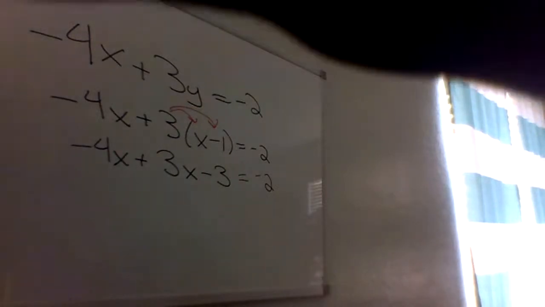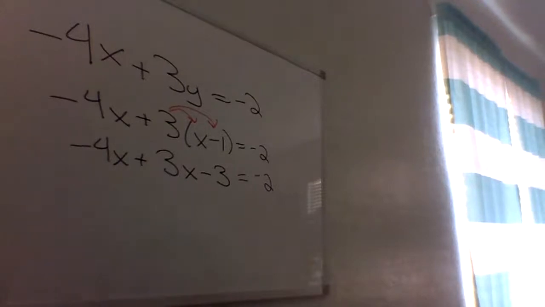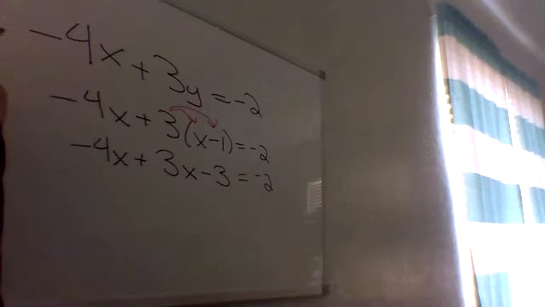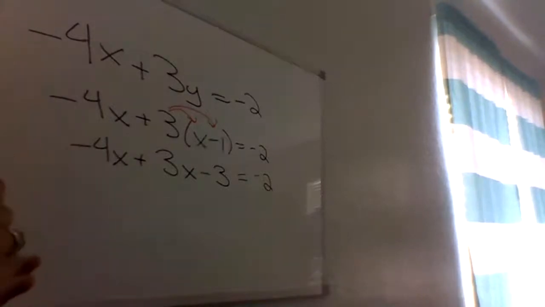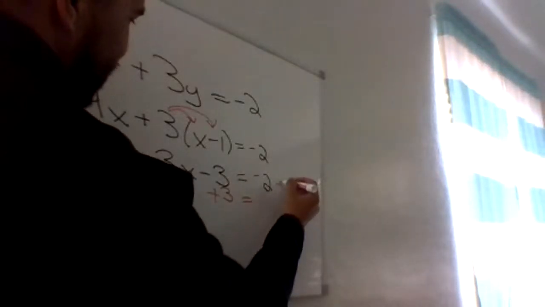So right now, step 3 is going to be eliminating numbers. Yep. And we're going to eliminate the negative 3. Okay. So we're going to add 3 to both sides. Killing it.